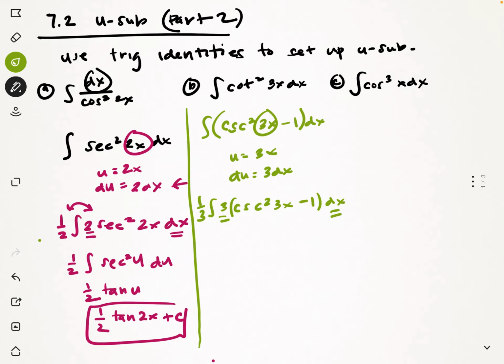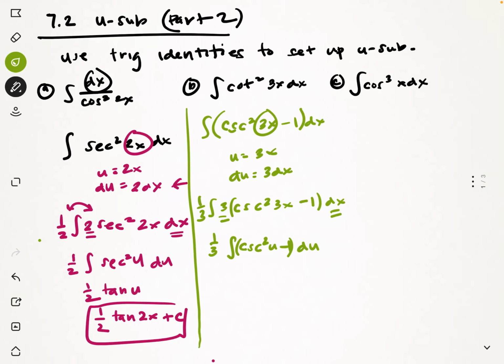Okay, so what we're going to do here is rewrite this in terms of u. So 3 dx is our du. And then this part is going to be cosecant squared u minus 1. Then we can do our antiderivative.